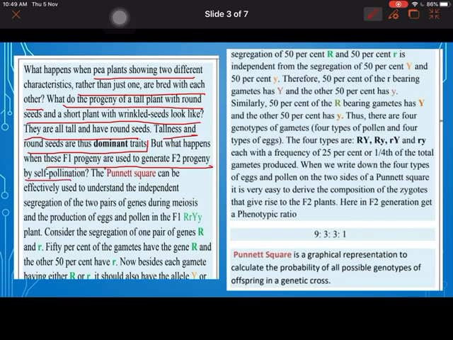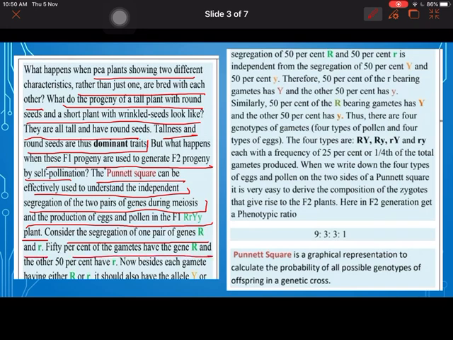The Punnett square can be effectively used to understand this independent segregation of two pairs of genes during meiosis and the production of egg and pollen in the F1 plant, that is capital R, small r, capital Y, small y. When we consider segregation of one pair of genes, R and small r, 50% of gametes will have the capital R and 50% will have the small r.